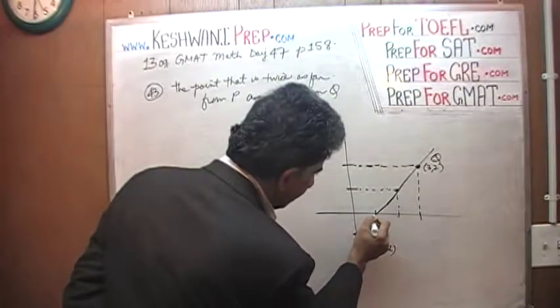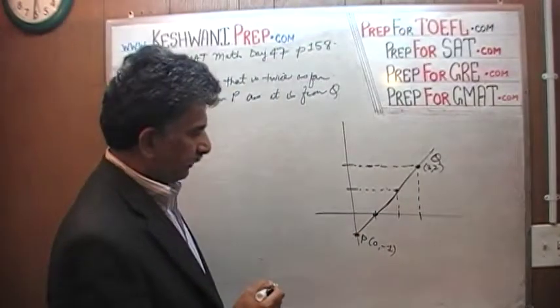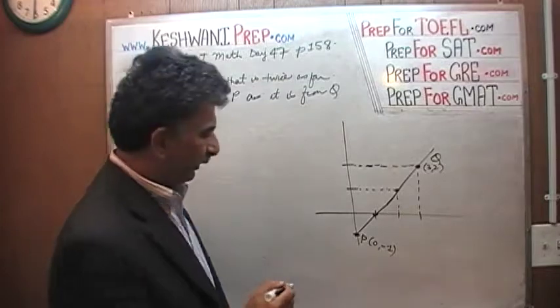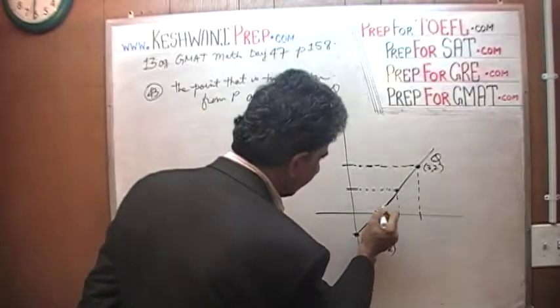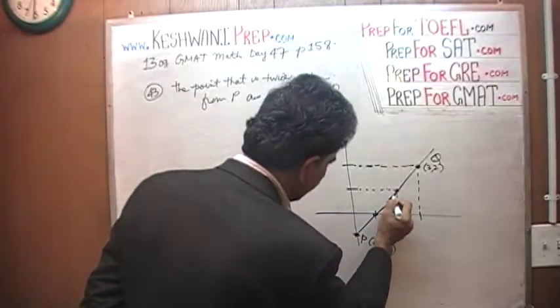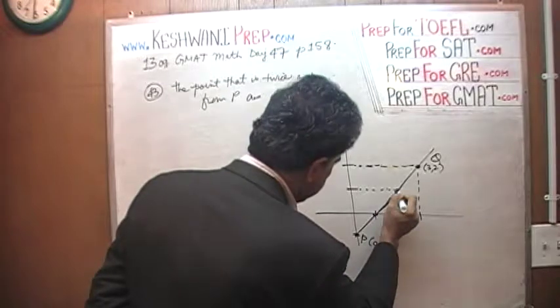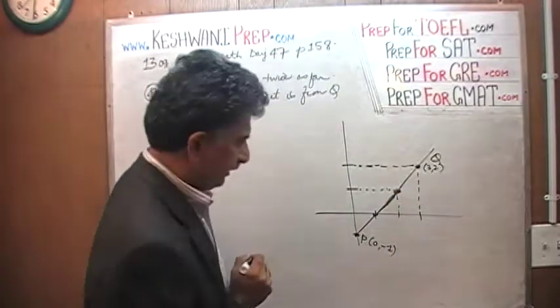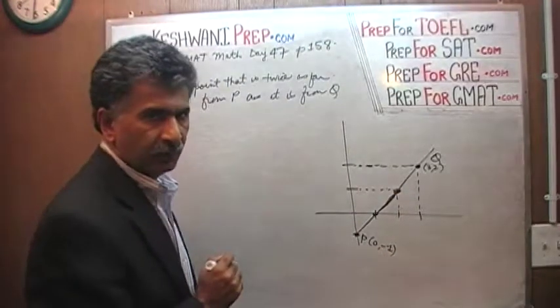From here to here, whatever the distance is, let's call it 1 unit. From here to here is 1 unit, and from here to here is another unit. You don't have to calculate this or waste your time, just understand that this distance is the same as this distance.